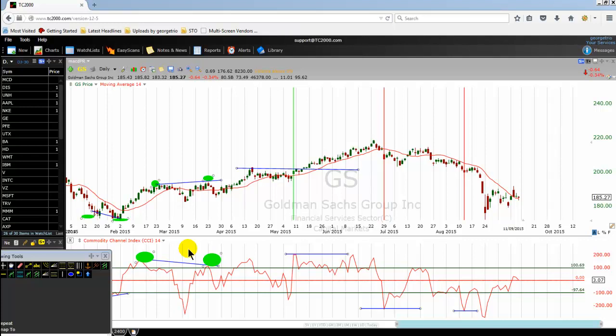If we were using the CCI period 20, we would place on our chart the moving average 20, because the CCI period 20 is comparing the price to the moving average 20. The CCI period 30 is comparing the price to the moving average 30. Here we are using the CCI period 14. That's why we place on our chart the moving average 14.